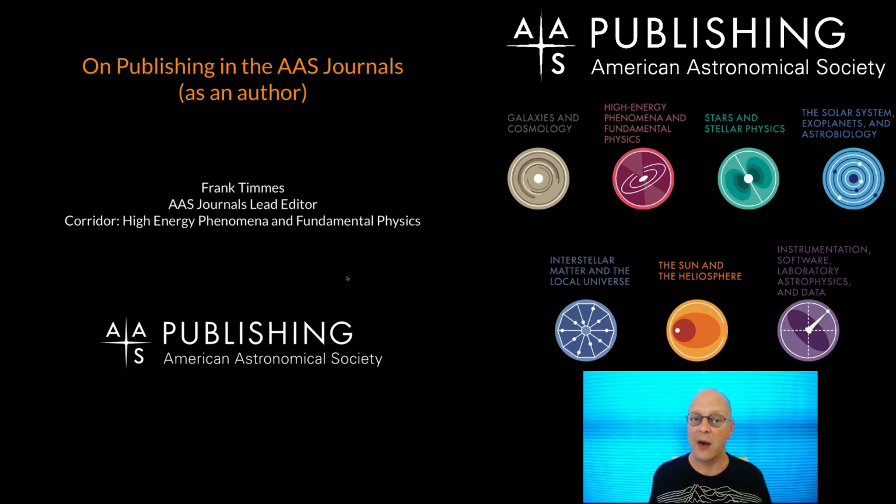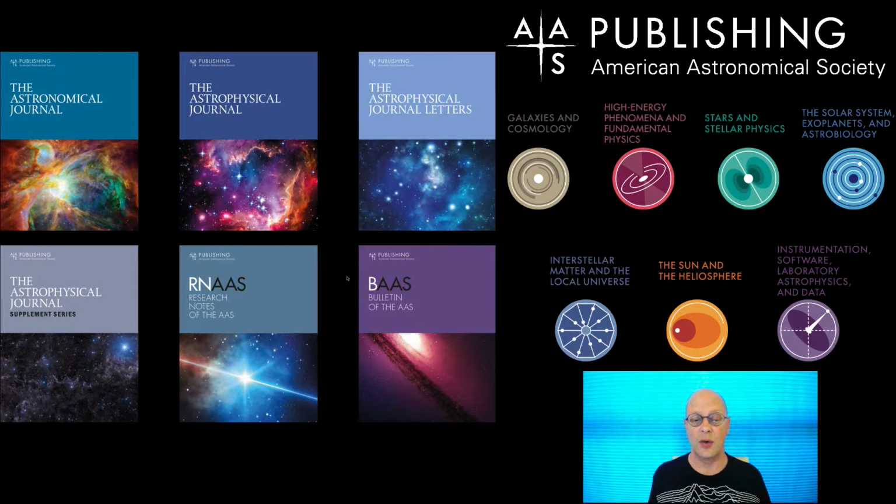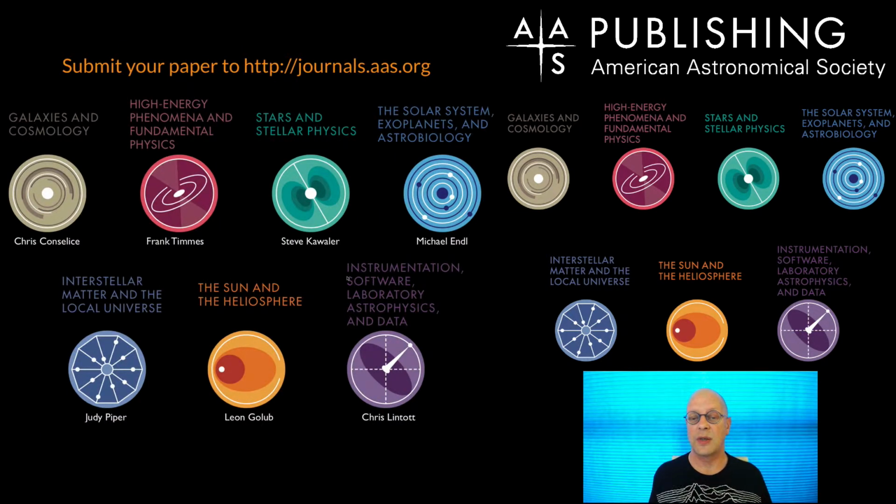Today we're going to carry on with our series on publishing in the American Astronomical Society, the AAS journals, as an author. Where we left off last time is you submitted your paper to the Astronomical Journal, the APJ, APJ Letters, APJ Supplement, Research Notes of the AAS, or Bulletin of the AAS. As part of that submission process, you selected one of the corridors that the paper will go down.